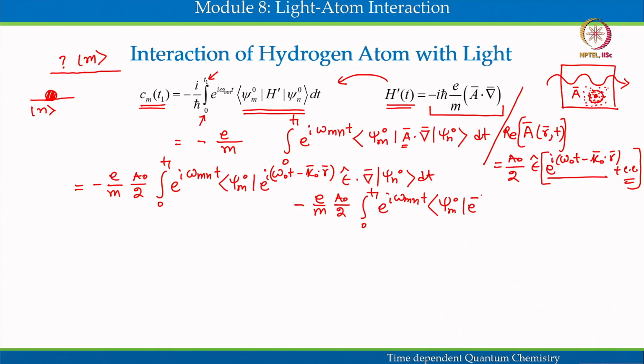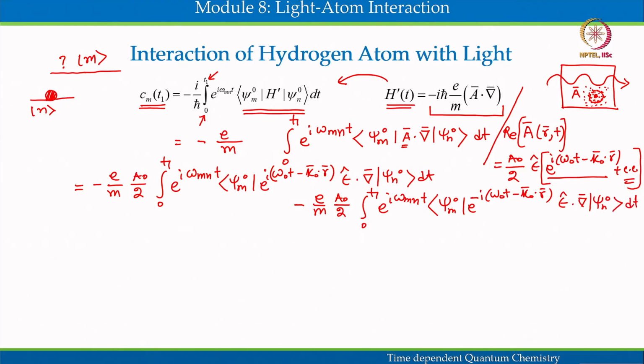So, it is going to be now minus i omega naught t minus k naught dot r, then epsilon, this omega naught n 0 dt.